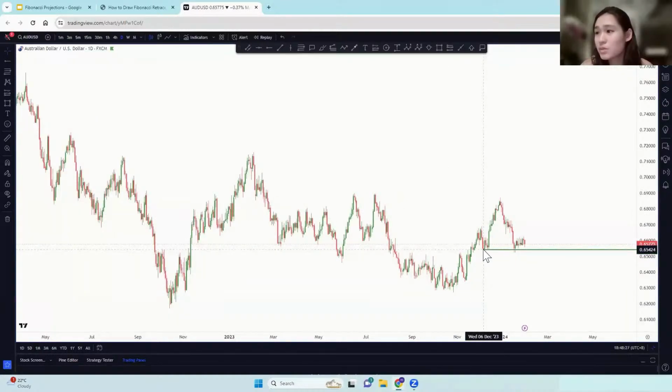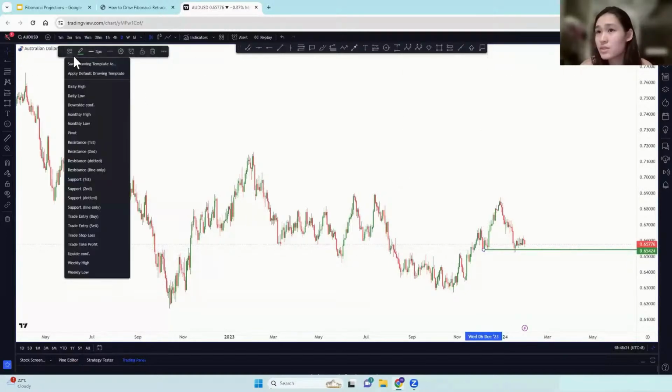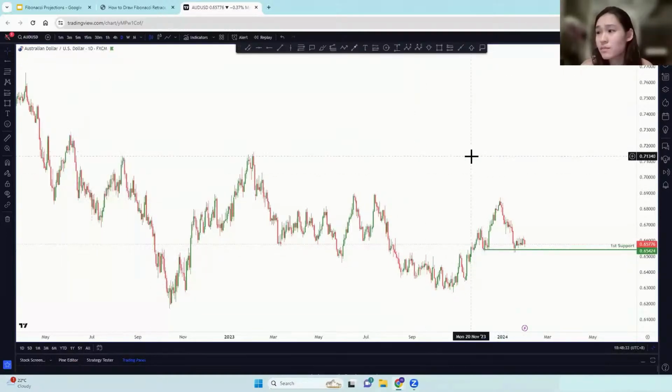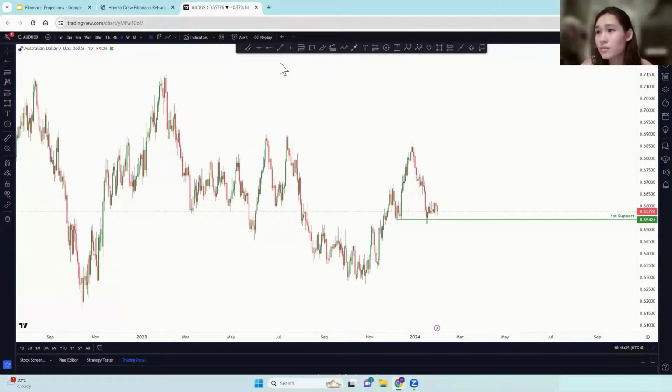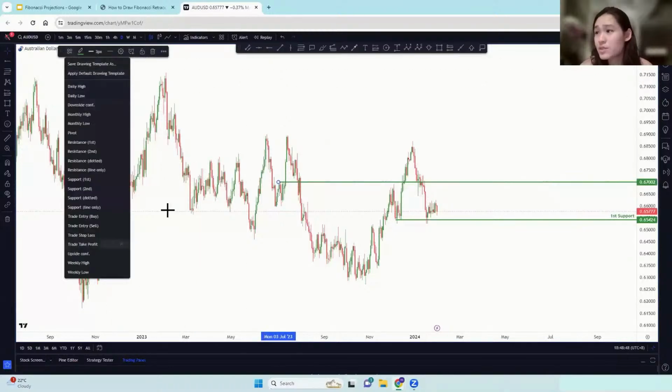So this is my first support. Then my first resistance will be here.